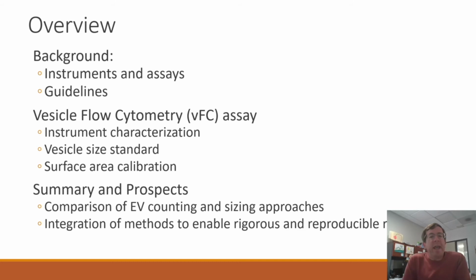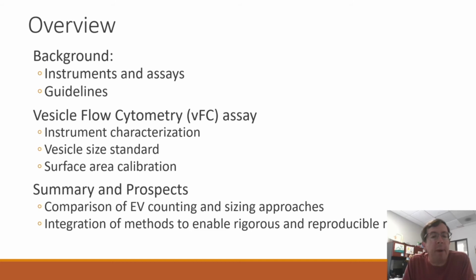What I'm going to tell you about today is I'm going to give you a little bit of background. I'm going to emphasize the role of instruments and assays in vesicle analysis, and I'll highlight again the guidelines that have been recently produced for reporting EV flow cytometry methods and results. Then I'll describe the vesicle flow cytometry, or VFC assay. I'll talk about characterizing the instrument in order to validate it for VFC.